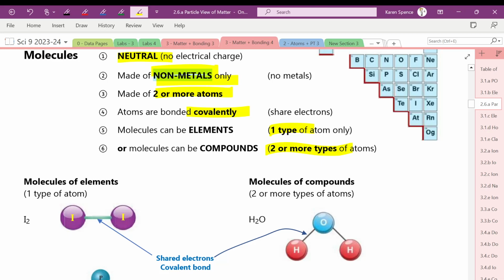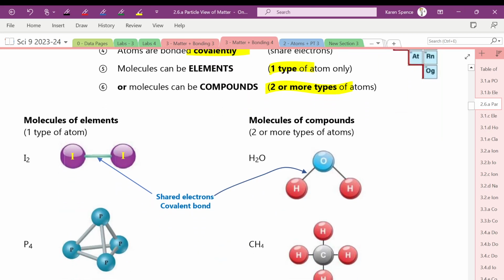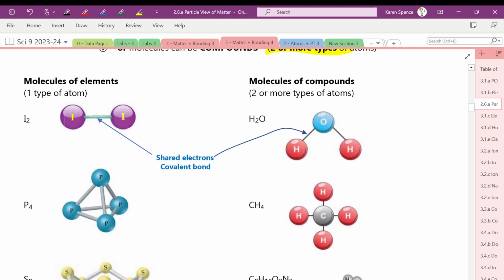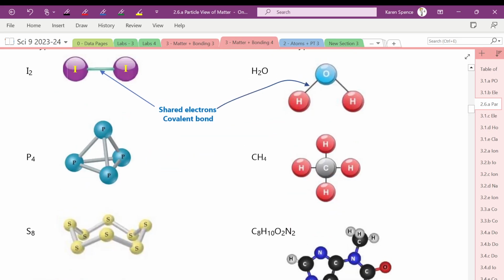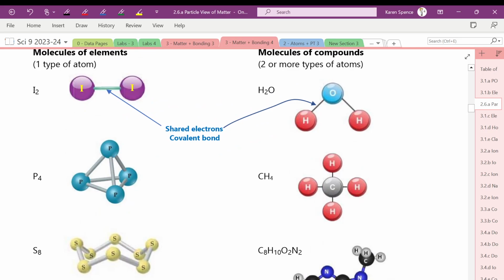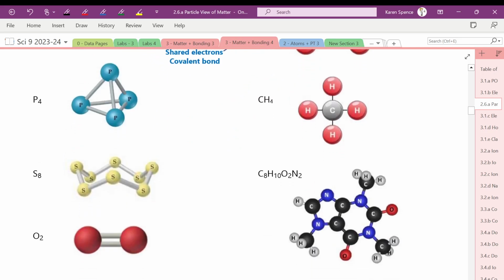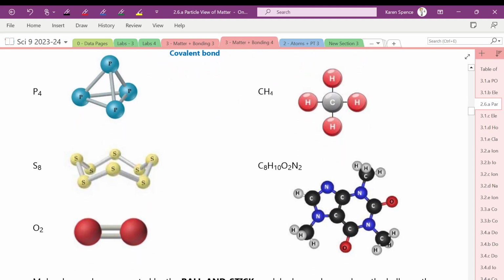So let's look on the left-hand side of the page. We have molecules of elements. We have I2, P4, S8 looks like a little crown. It's got a little zigzag in between all the S's. And then we have O2. Oh, what kind of a bond is that? That's a double bond.